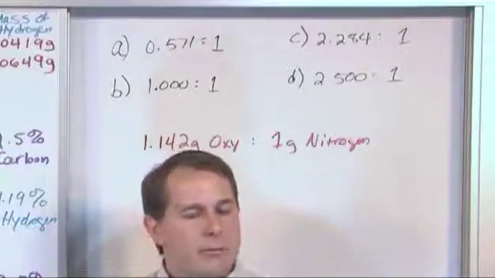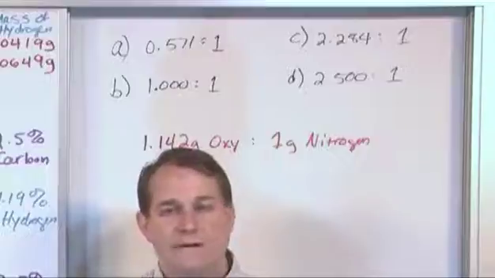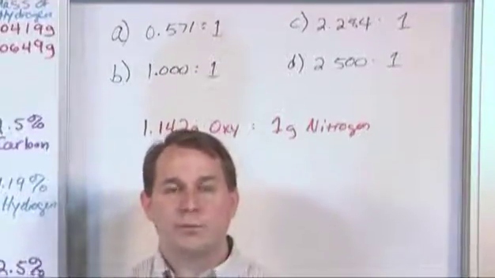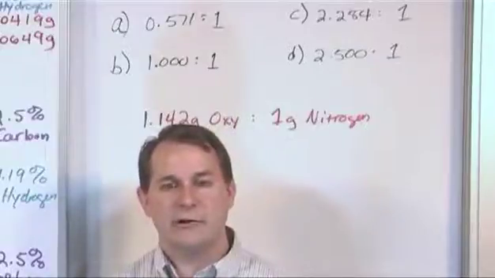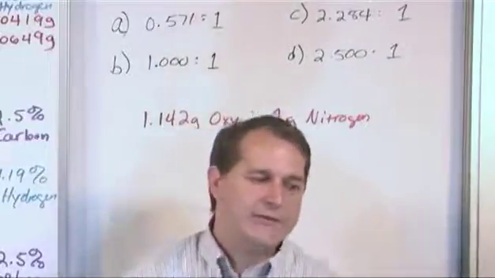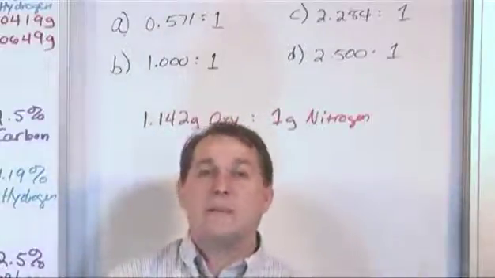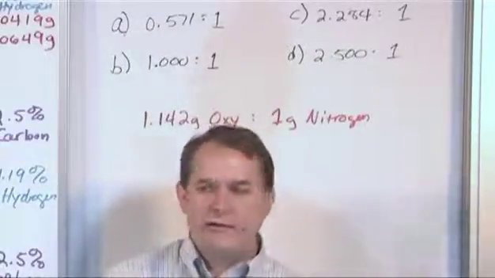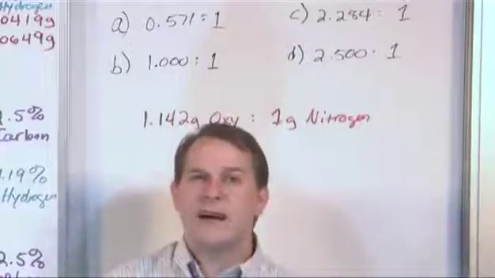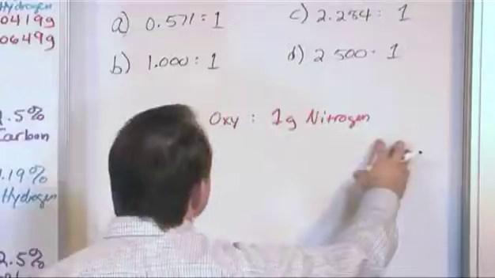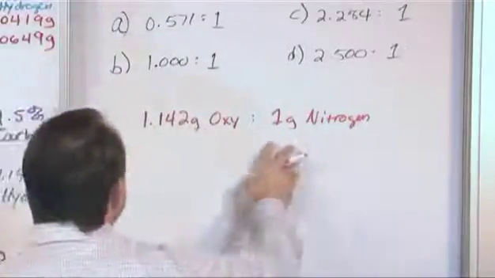But remember, we did talk about a law that predicts and gives us a little bit of help, and that's the law of multiple proportions. We talked about that in the last section. What it basically says is if we have two different compounds with the same elements, the mass ratios are going to be related by some kind of multiple. So here we know the mass ratio of the original compound that we have. This is the mass ratio here.